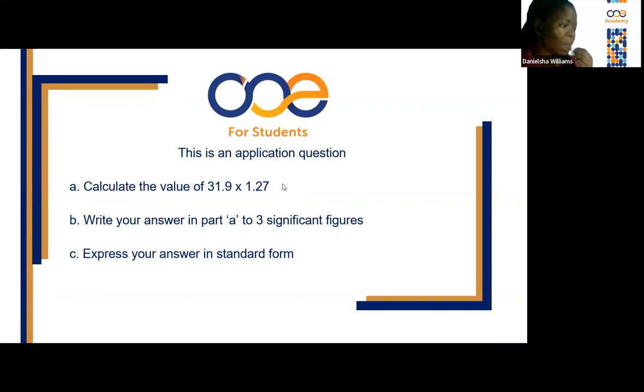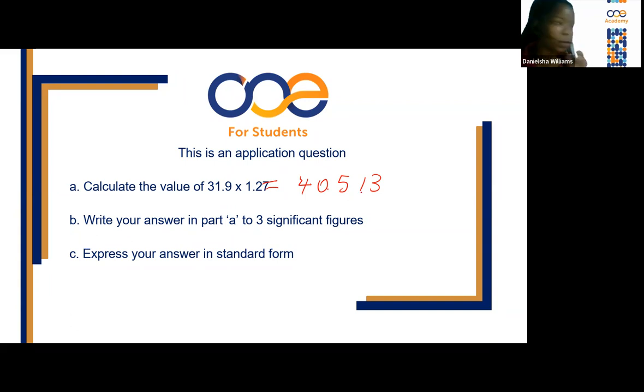Do not do any rounding off as yet, just express it as it is. So your first answer here would have been 40.513.